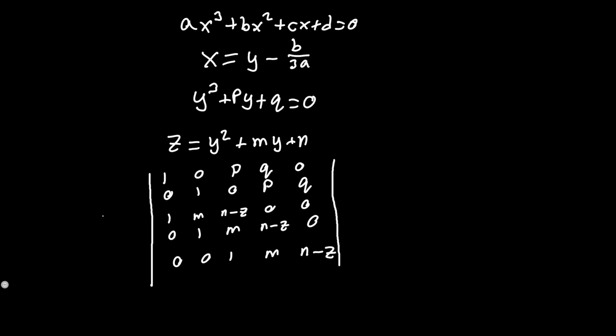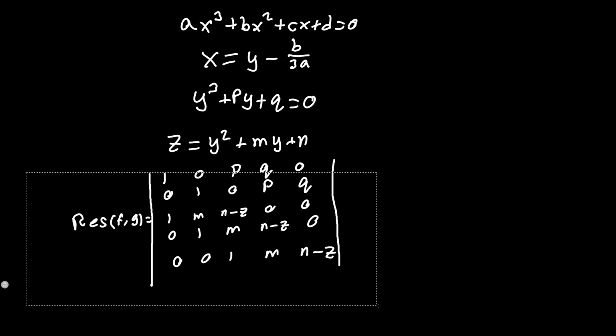And that is our matrix, and we must find the determinant, because this is the resultant of the polynomials f, g. So the main goal is to simply use the determinant formula to find the determinant of this matrix, which gives a long expression, as I will write here.